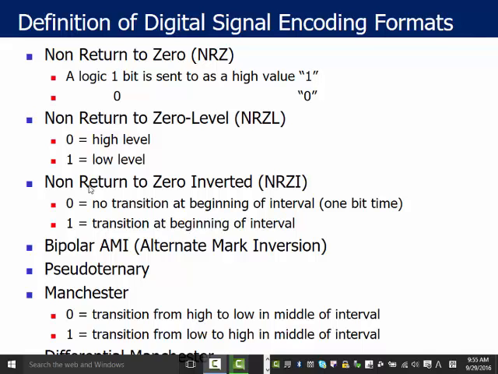Those are all the non-return to zero family of algorithms. The algorithm developed after that is bipolar alternate mark inversion. Bipolar means that the voltage can be used not only in the positive range but also negative. So the voltage can be sent out from 5 volts to -5 and more.